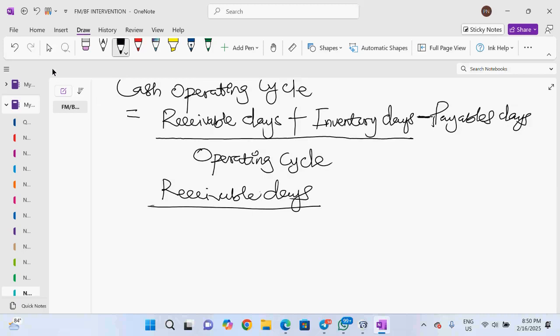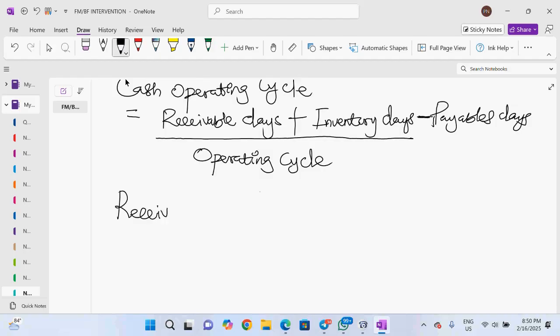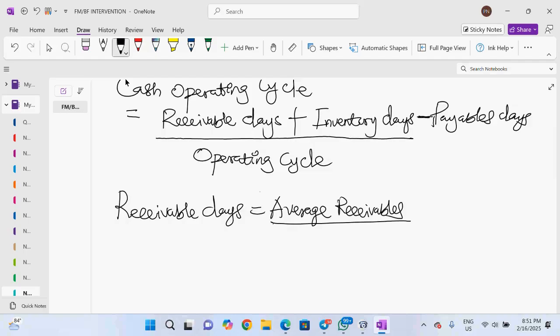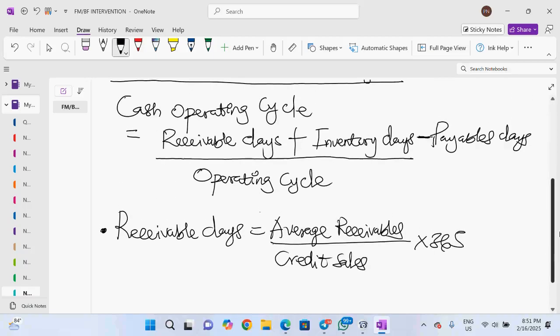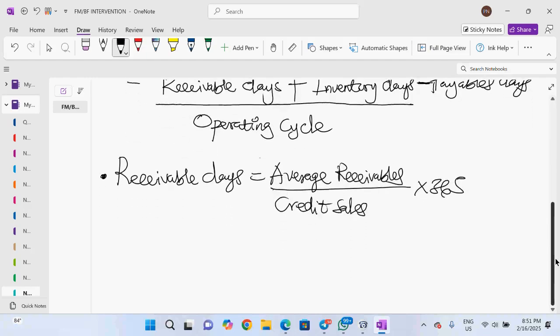The receivable days is equal to the average receivables over credit sales times 365 days. That is the formula for receivable days: average receivables over credit sales times 365.